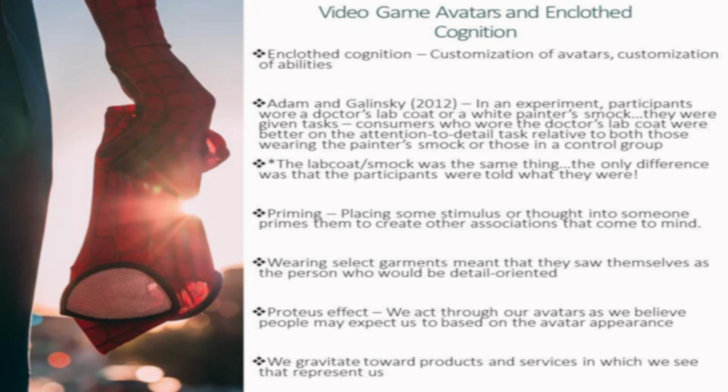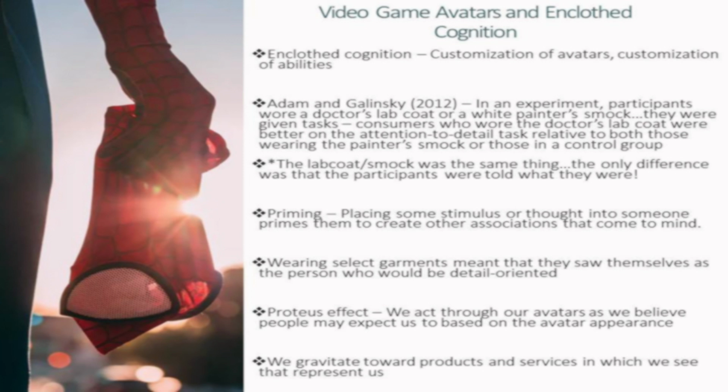When we're thinking about what this Spider-Man mask might do for me at Comic-Con, what it might do for me at E3 in Los Angeles, what it might do for me in a cosplay convention. Wearing these garments means that I see myself as the person who would be detail-oriented, especially as a doctor.